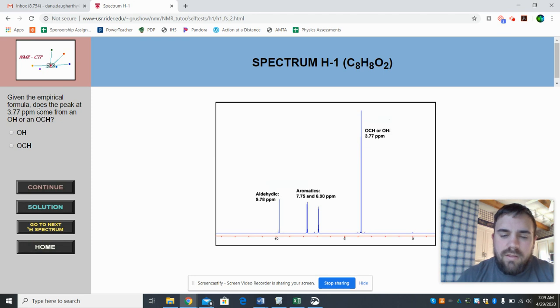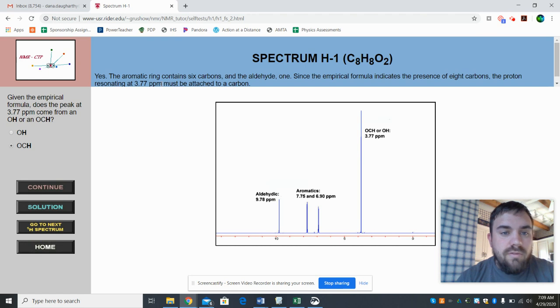Well, aromatics would suggest a benzene ring, so that's 6 carbons. Aldehyde would have another carbon, so 7. So we're missing a carbon, so this is going to have a carbon on it. If I click this, it says yes, the aromatic contains 6 carbons and the aldehyde 1. Since the empirical formula indicates the presence of 8 carbons, the proton resonating at 3.77 must be attached to a carbon.